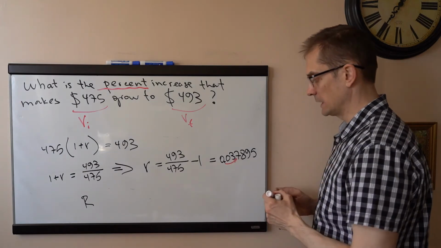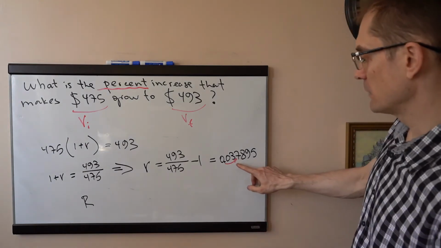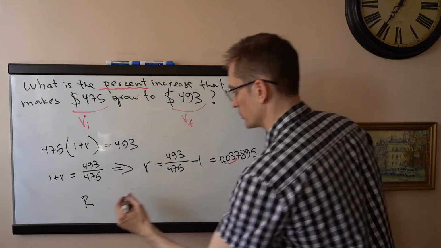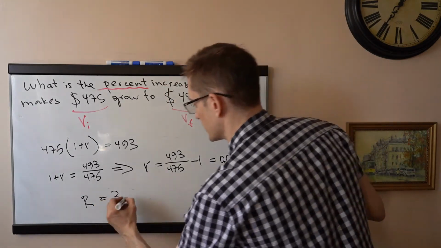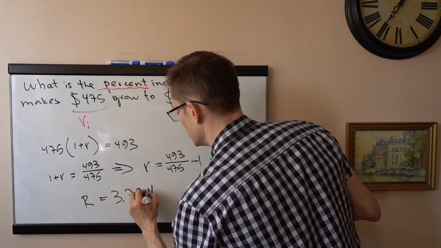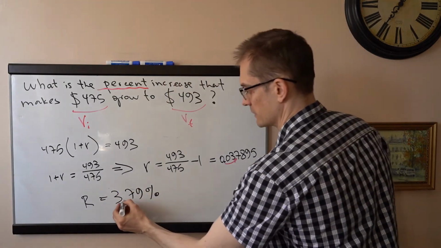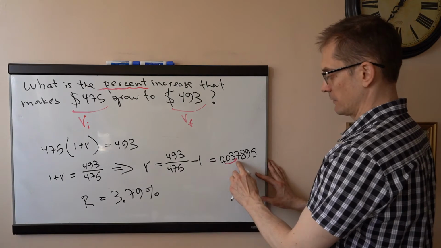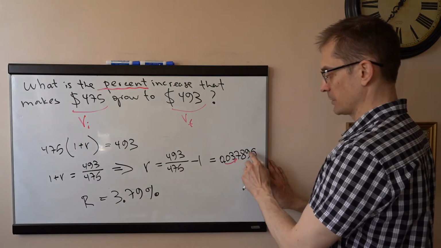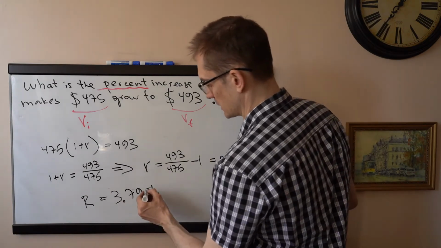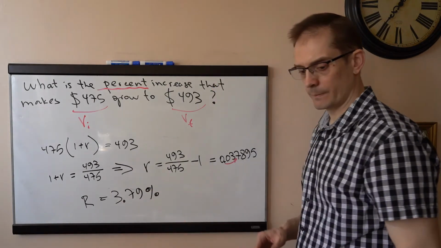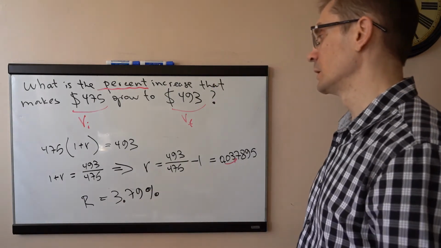So your answer, if rounded to two decimals, is going to be 3.79%. Look, if it's 3.789, because it's 9, 8 becomes 9, so 3.79% is the answer. Okay.